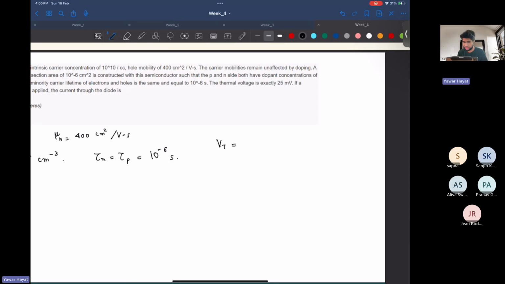Vt would be equal to kT by q, and that would be equal to 25 millivolt. Va is your forward bias voltage that's applied. Your Va would be equal to 0.5 volt.